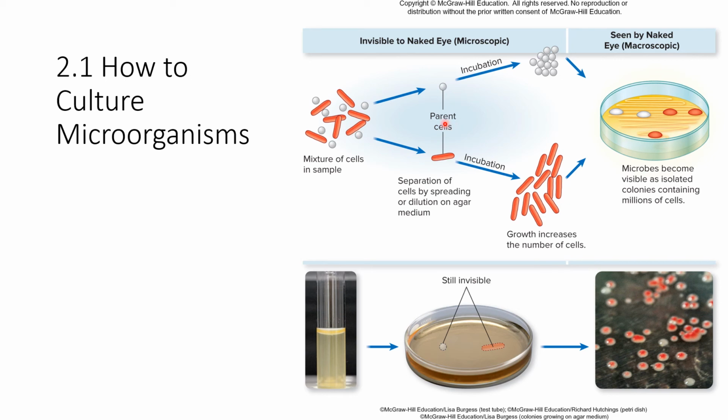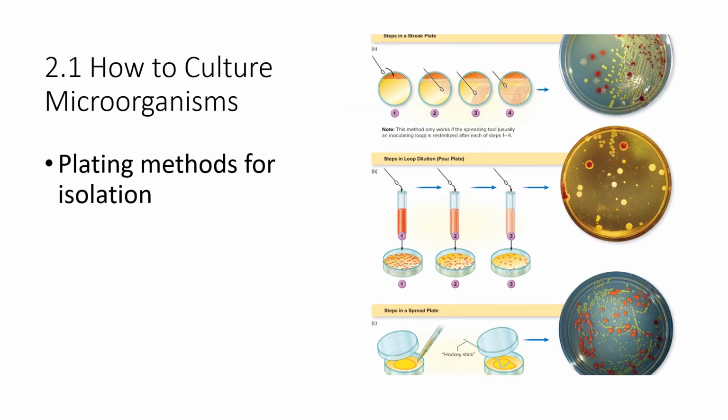You figure out a way to spread them out, isolate one cocci, one bacilli, one sphere, one rod. You separate them out on an agar plate. One bacterium will suddenly become millions of its clones overnight. That's a dot, as you can see right here, a colony that you can pick up, remove from the agar, and run tests on.